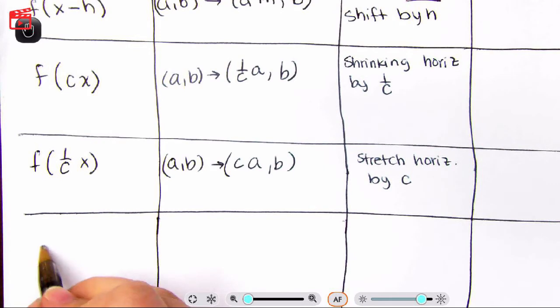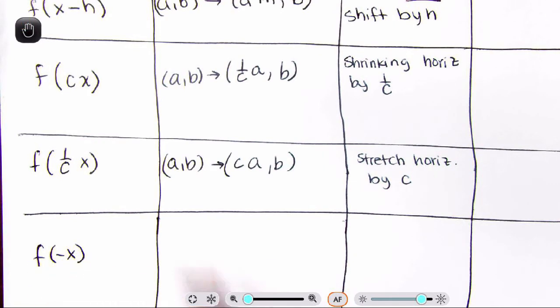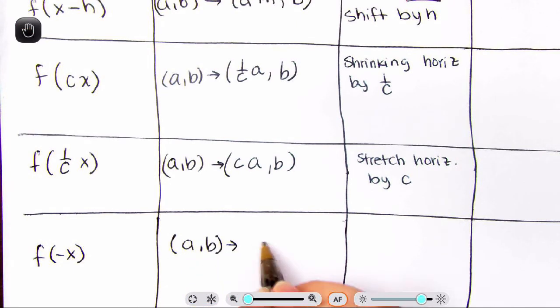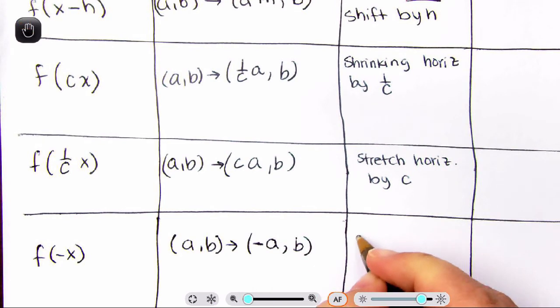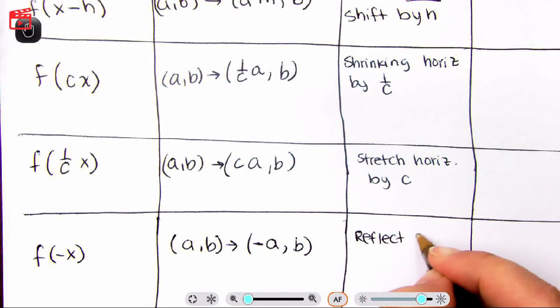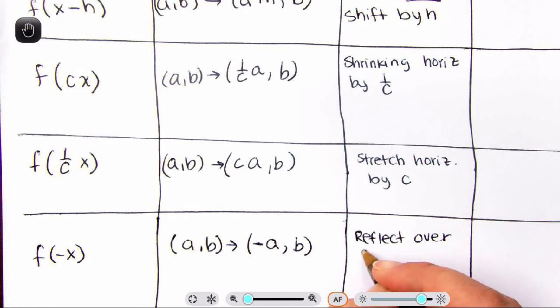Last thing for inside the bubble, we have the negative inside of the bubble. And that is just negative 1, so we're still just multiplying all of our x values by negative 1. And this is a reflection over the y-axis.